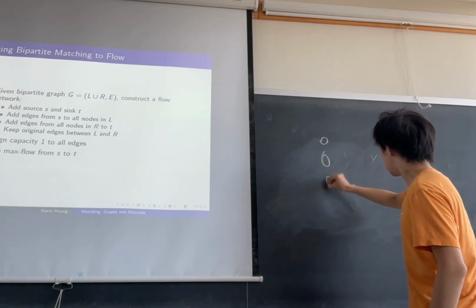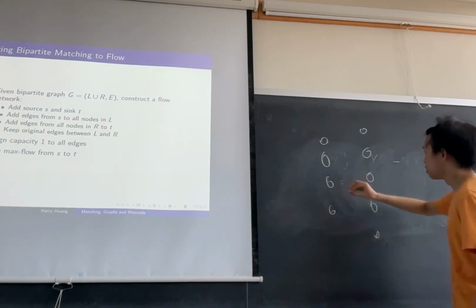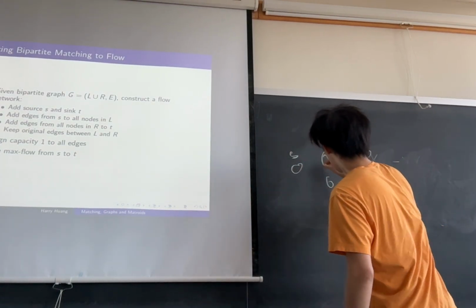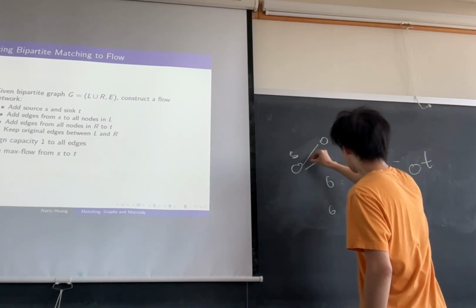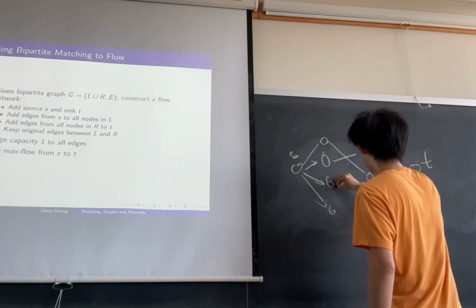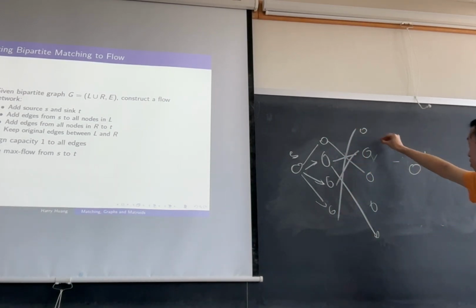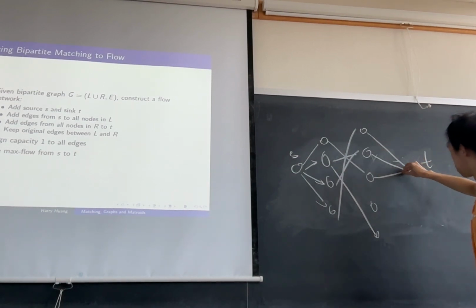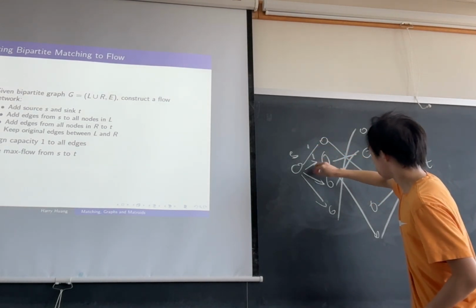if we have such a bipartite graph, with a super source node called S and a super destination node called T, and we add edges here, along with the original edges, and the capacity is 1, of course.